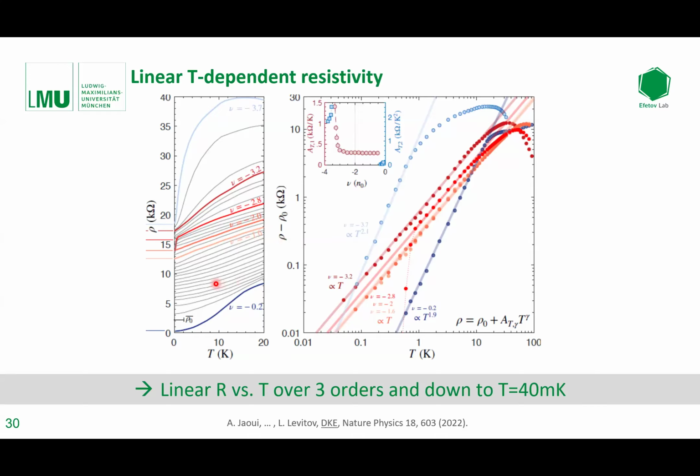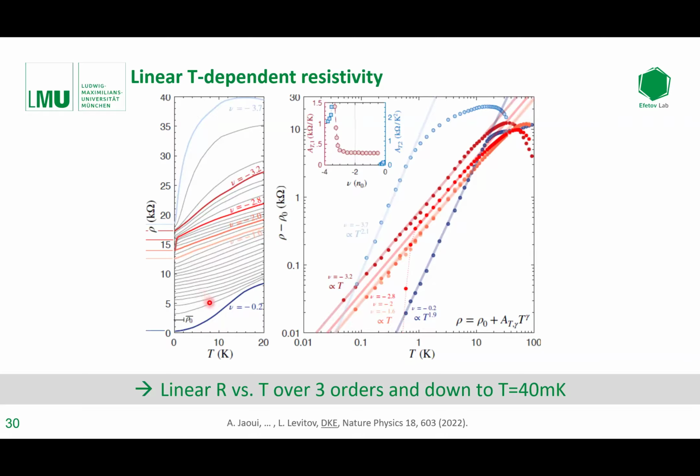So here you can see data from our group where we measured R versus T in a broad range of doping. Each line corresponds to a different doping. And in particular, as you can see here, close to the center of the bands, these curves were quite linear.